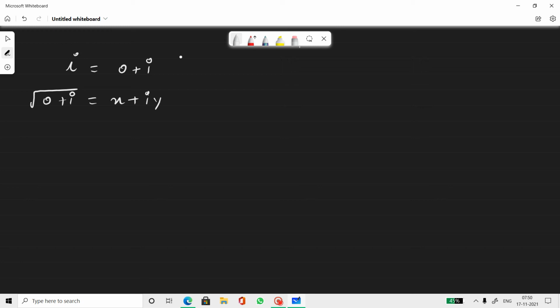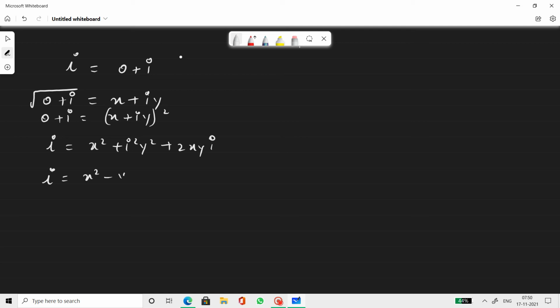Square on both sides: 0 plus i equals (x plus iy) the whole square. So we get i equals x square plus i square y square plus 2xyi. So i equals x square minus y square plus 2xyi.